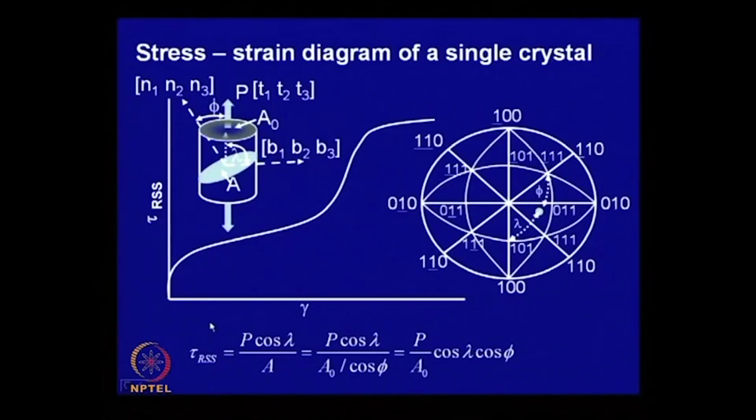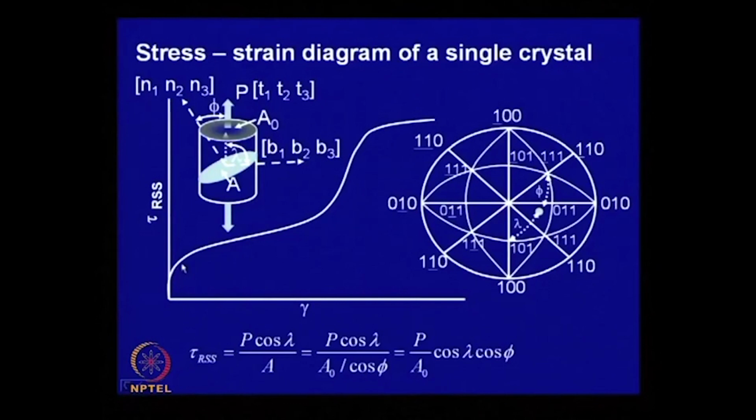Now, this is the resolved shear stress, and here is a diagram of the resolved shear stress against shear displacement. If you make this plot, you will find that initially there is some amount of elastic deformation, which is recoverable. But when this stress exceeds a critical value, the slip deformation starts.